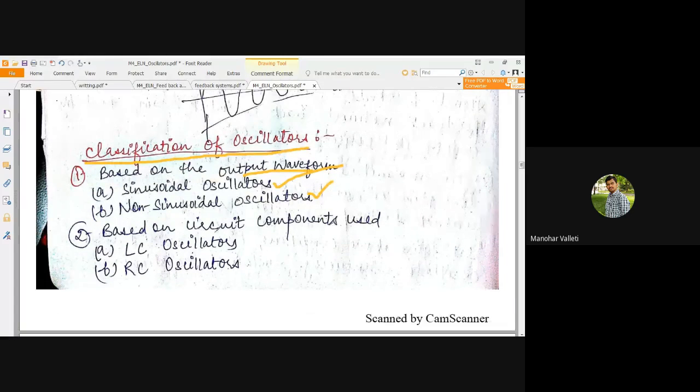Based on the circuit components, if you use only inductor and capacitor, we say those oscillators are LC oscillators. If we only use resistor and capacitor in the feedback network, they are called RC oscillators.